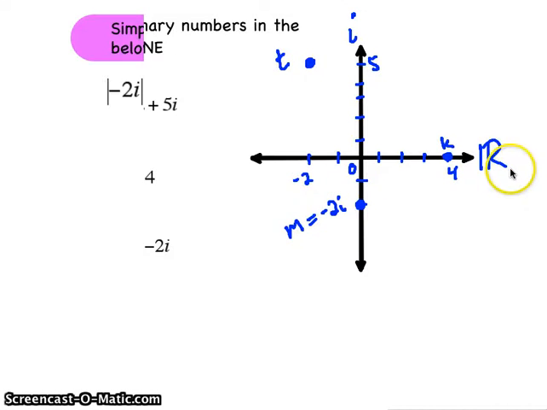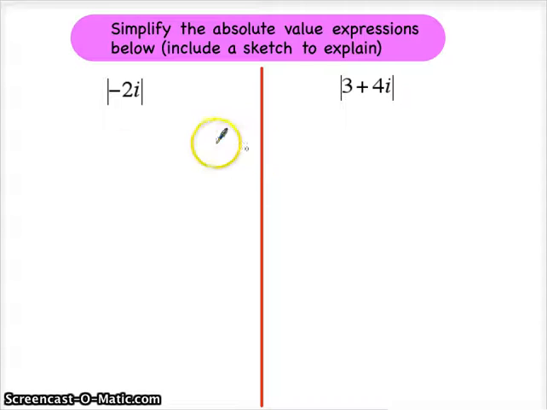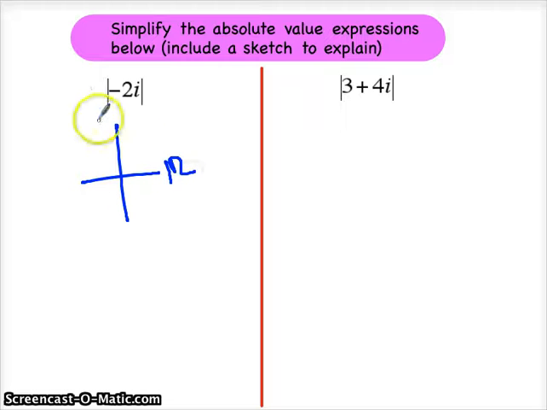Now that complex plane will help us understand how to find absolute values of complex numbers. If we think about where the graph of negative 2i would be on our imaginary and real complex axis, we went directly 2 units downwards.